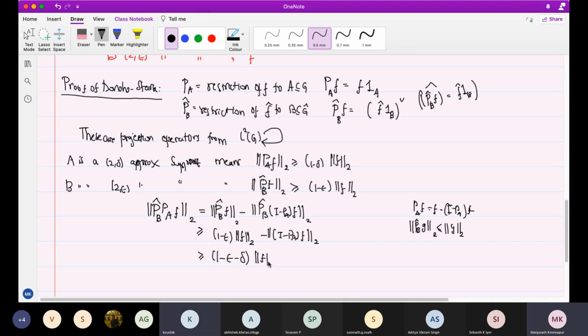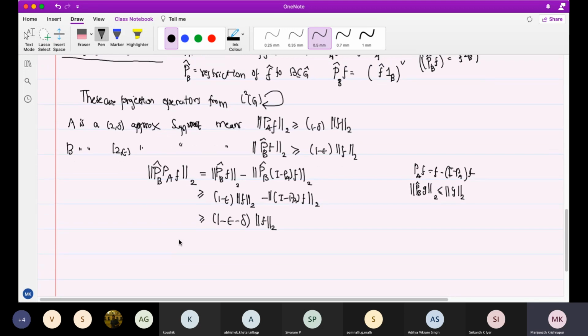Yeah, correct. The I minus PAF L2 norm is less than delta times norm F2, so negative, greater than or equal to, right? Okay. So PB hat PAF preserves almost the norm of F according to this. So what we will do is analyze the operator norm of PB hat PA.